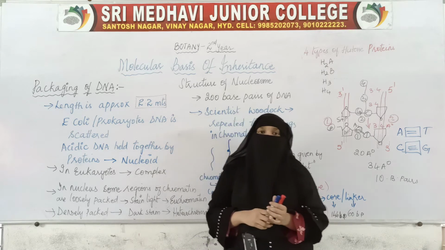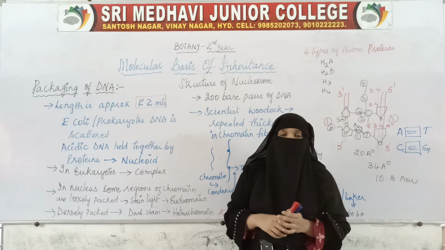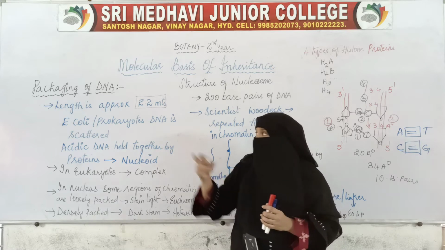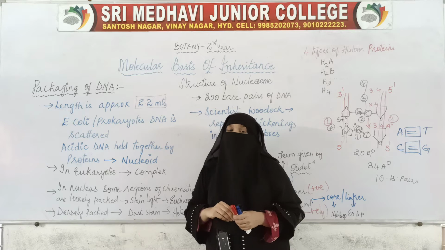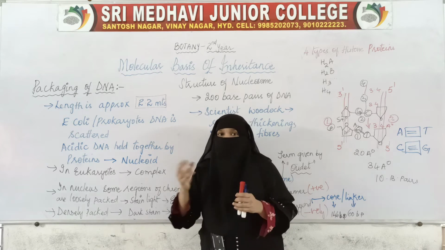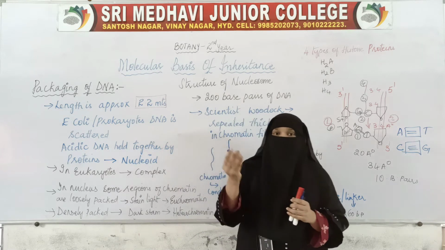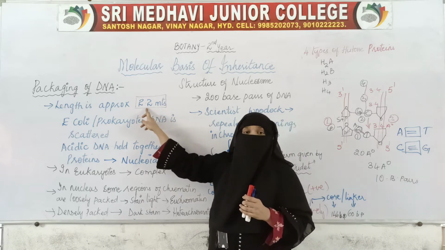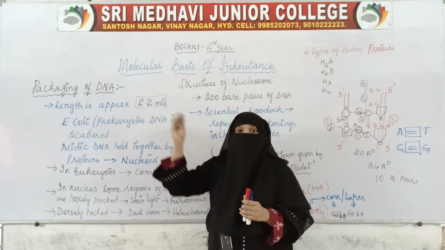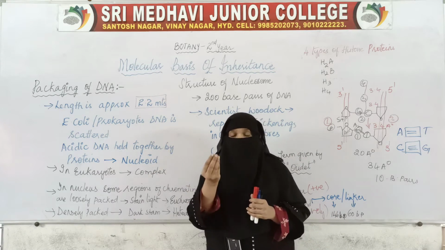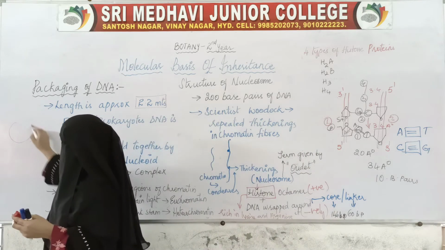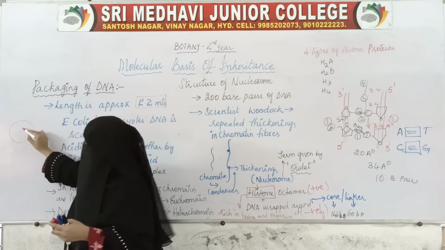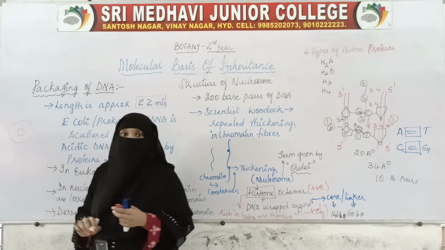So the length of the DNA in a eukaryotic cell is approximately 2.2 meters, which is very lengthy, and much larger than the nucleus. For example, this is a cell, and in the middle of the cell we find the nucleus.